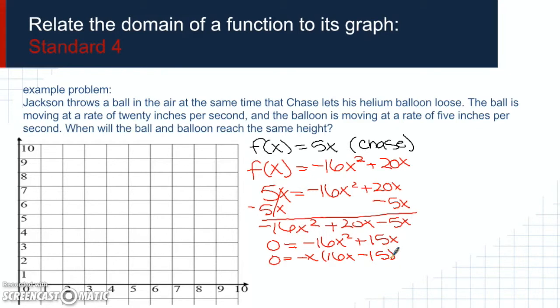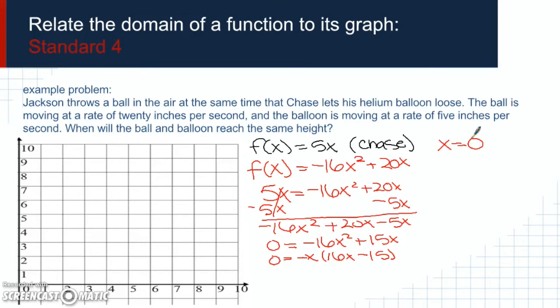Now, the next step is to set negative x equal to 0, which would just give you x equals 0. And this represents the initial point when both the balloon and the ball are thrown into the air.